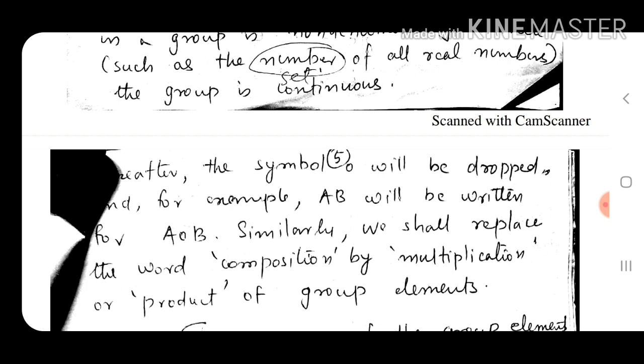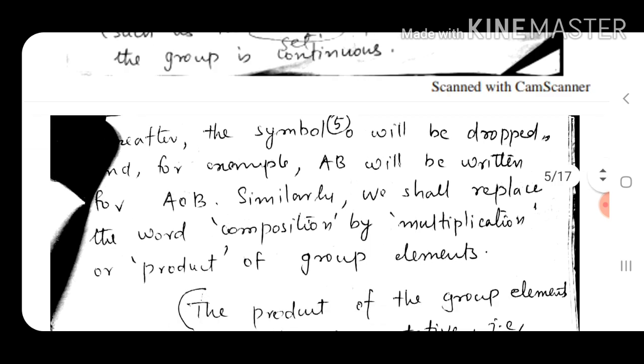Now, for the discussion that follows, we will not be using this circle symbol for composition. We will simply write A composition B as AB. If I write AB, that means A composition B. That does not mean we have to multiply A with B. It can actually be matrix multiplication or addition, it can be subtraction, it can be anything like that.